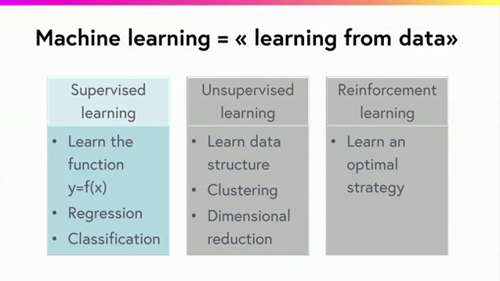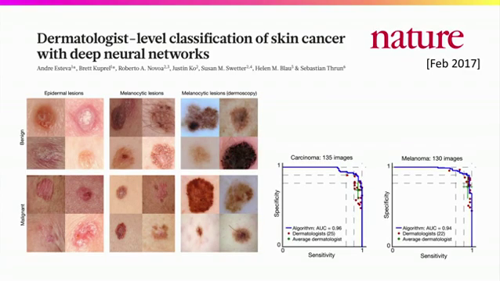Let's talk about an example of supervised learning to start with. Of course, I chose an example that comes from the field of healthcare, and this was a very groundbreaking paper published in 2017 in the journal Nature, showing that a computer system was able to diagnose skin lesions with at least as good accuracy as the most experienced dermatologists.